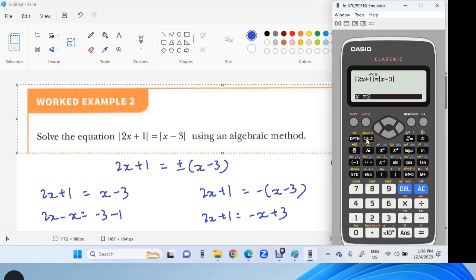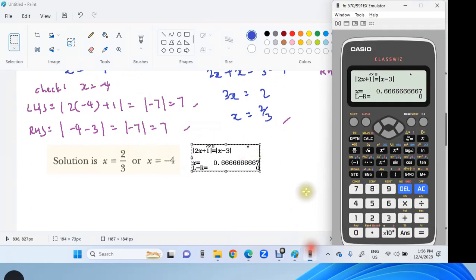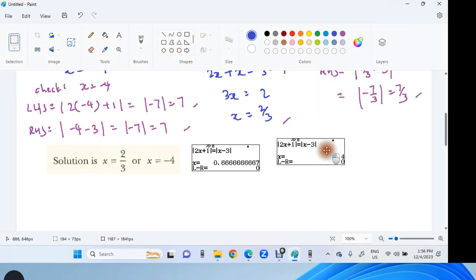Shift solve. I put 0 here, it will return 2 over 3. But the question here has more than one, so you have to do shift solve again. You try with another guess value, maybe -5. Then it will give you -4.